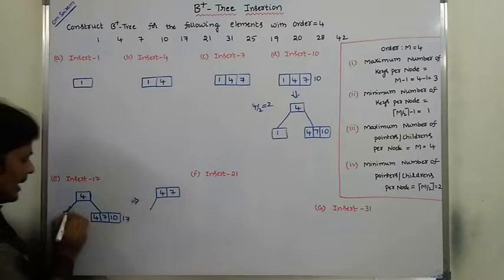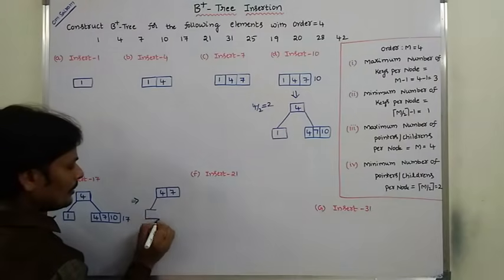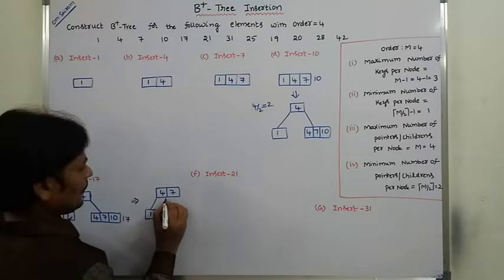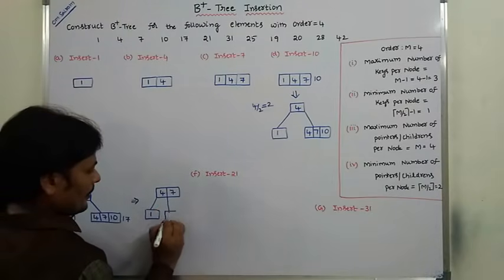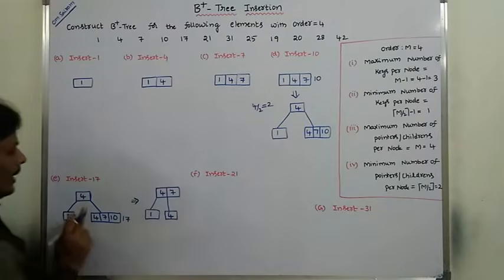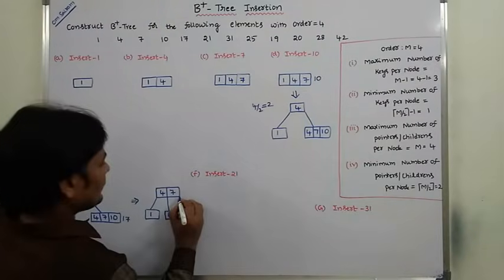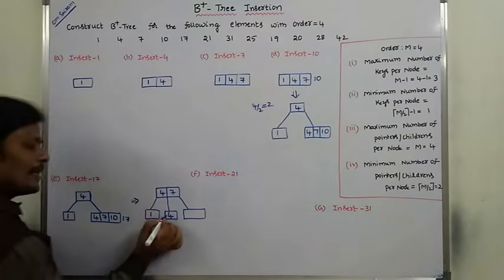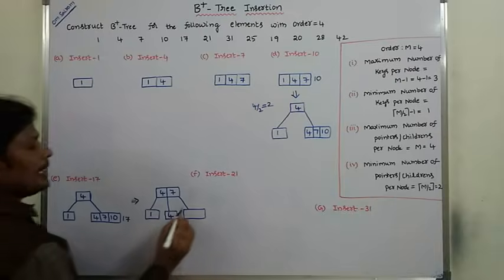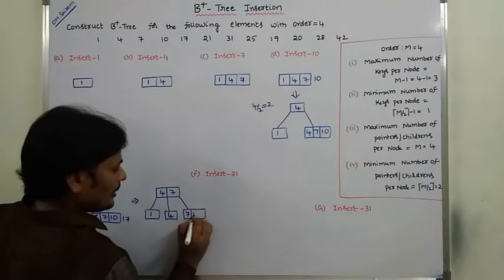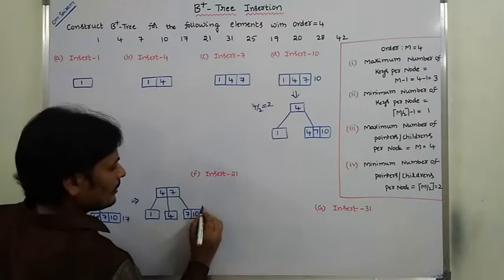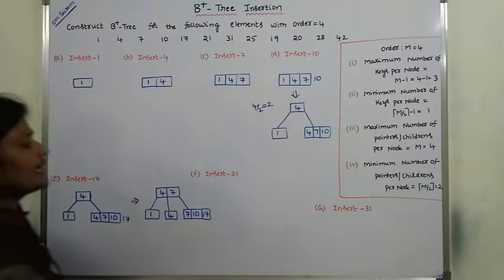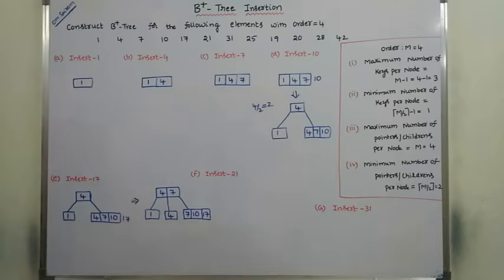And 4 left child as it is 1. And 4 right child is 4. And 7 left child is also 4. 7 right child is 7, 10 and 17. So this is the B plus tree we are getting.